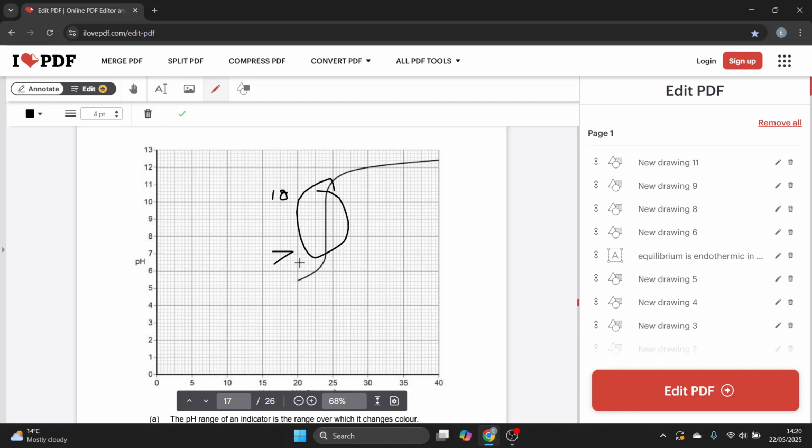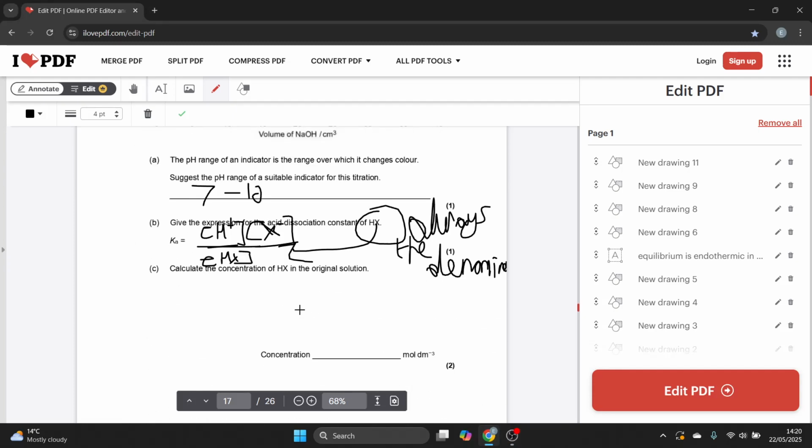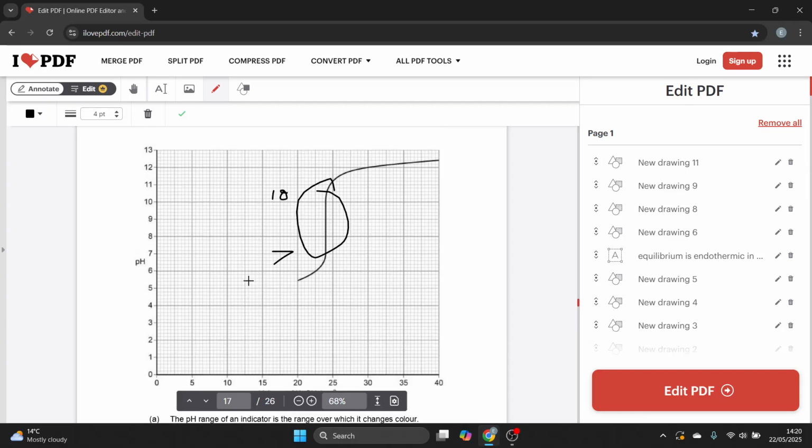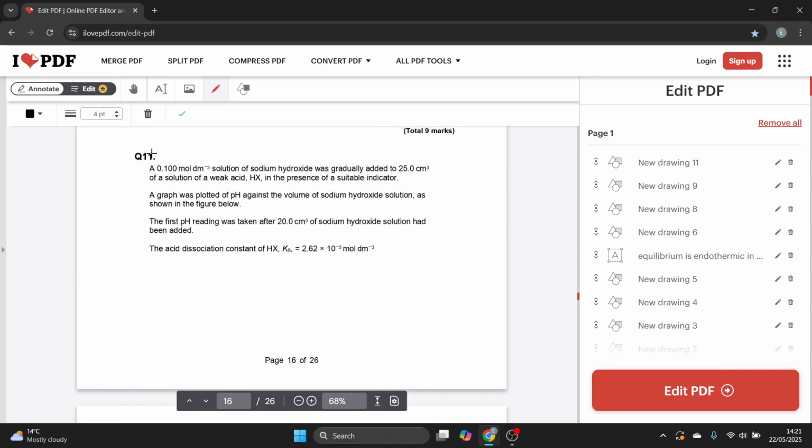How to do this? So the original solution. I don't think the curve is any use to me, so I'm going to have a look at this.